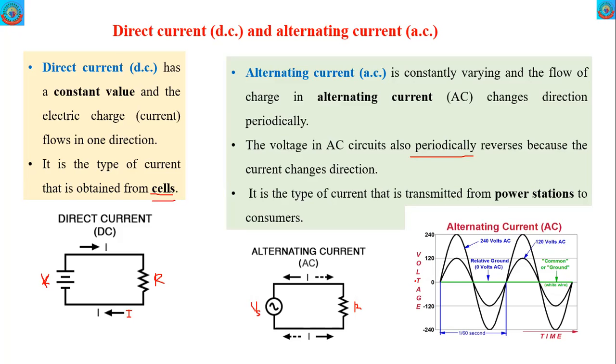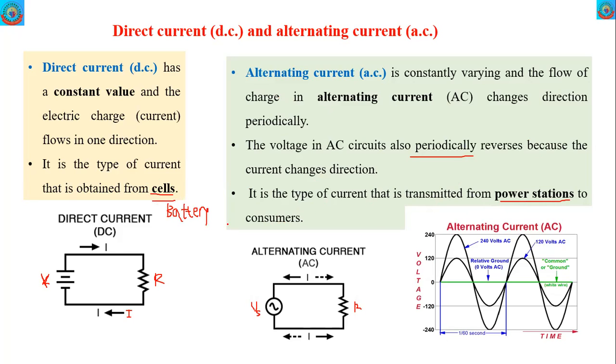It is the type of current that is transmitted from the power station. Now, here it is from the cell or from the battery. But this type of alternating current is from the power station, directly from the power station, which comes to the consumers.